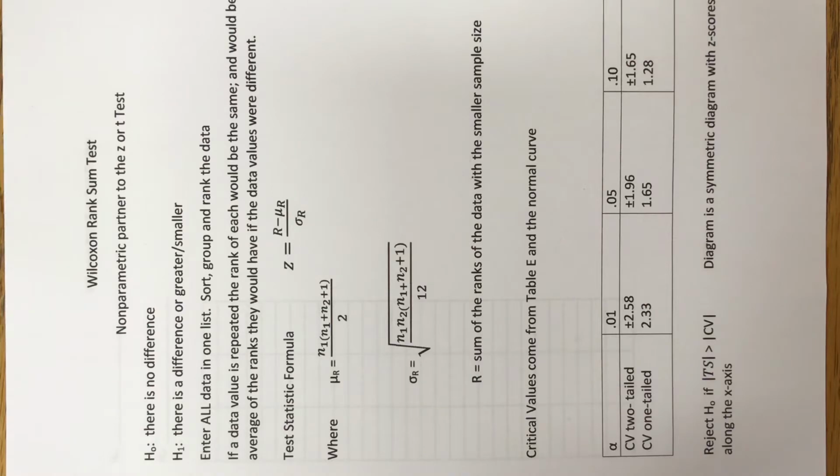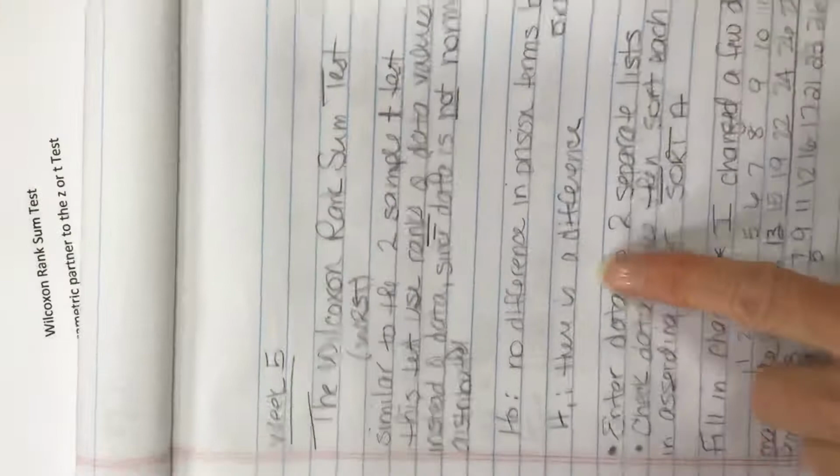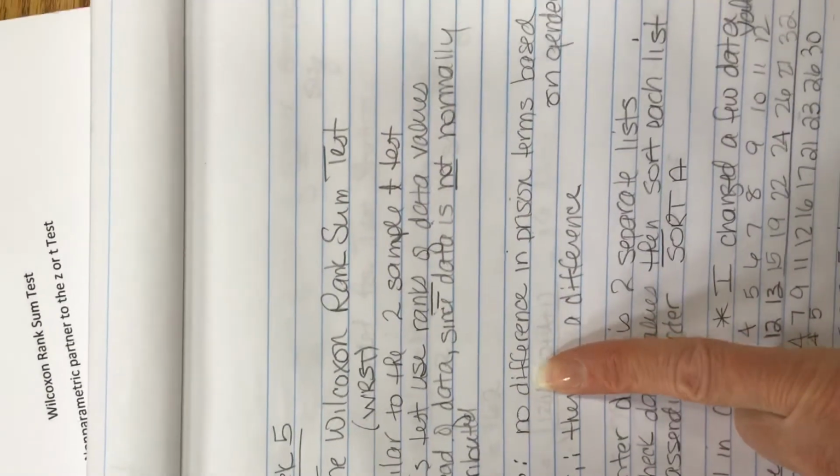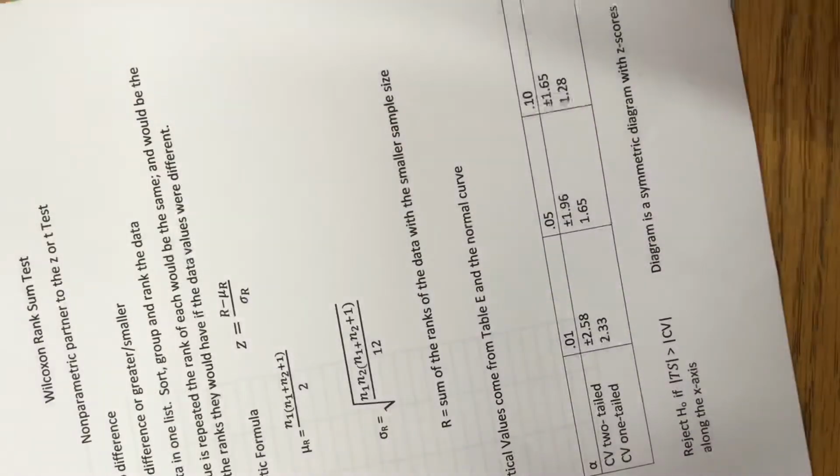from yesterday. You should have your H0 and your H1. It's a two-tailed test. There it is. Now, what I did yesterday was put them in two different lists.